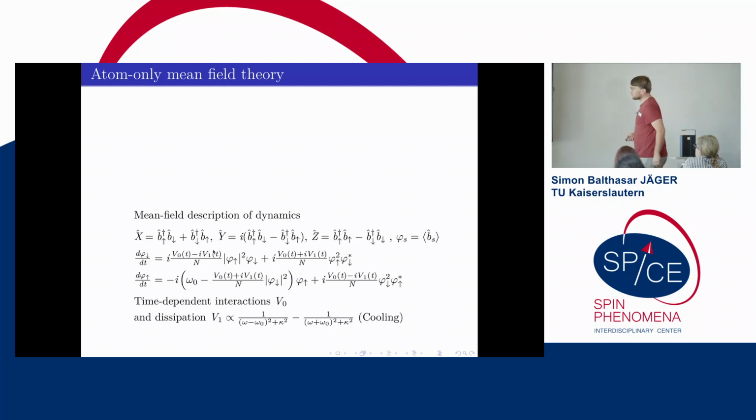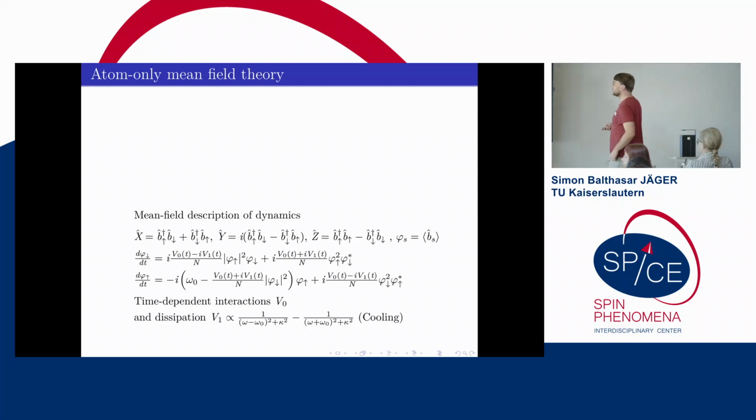And that has as a result that these V0 are actually coherent terms. So this V0 completely results from the time-dependent interactions. It's a time-dependent object which is based on interactions. And the V1 is a dissipation effect. And what one can show is that this V1 is the imbalance of the cooling and heating sideband. So from this very simple description, one can get a physical intuition of what dissipation actually does.